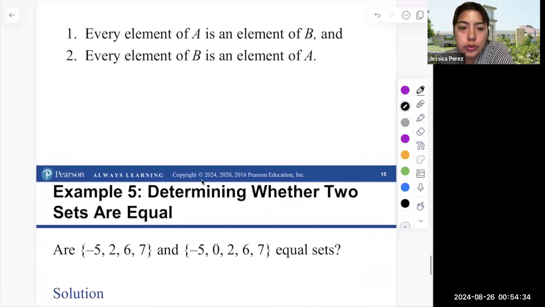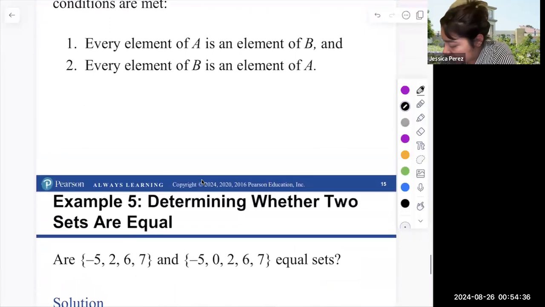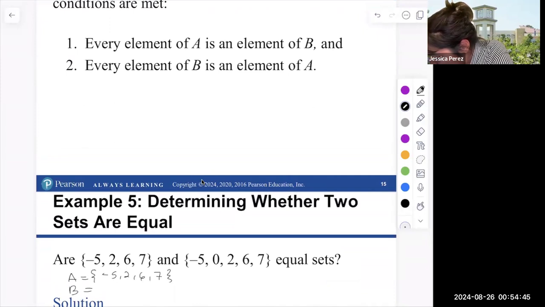Determine whether two sets are equal. Let's say that A is -5, 2, 6, and 7, and let set B be -5, 0, 2, 6, 7. Let's see. -5 and -5, 2 and 2, 7 and 7, and then, wait a second.